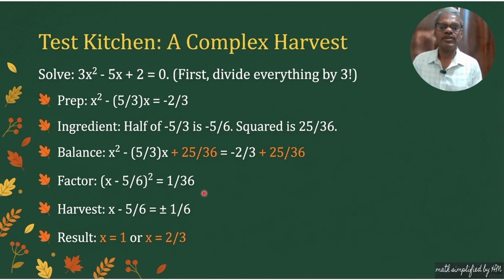So we have the equation (x minus 5 upon 6) bracket square is equal to 1 upon 36. Now we take the square root of both sides, we get x minus 5 upon 6 is equal to plus or minus 1 upon 6, and simplifying these in two separate equations we get x is equal to 1 or x is equal to 2 by 3.